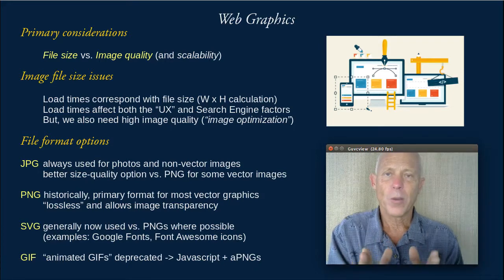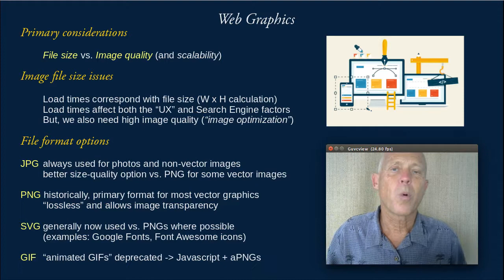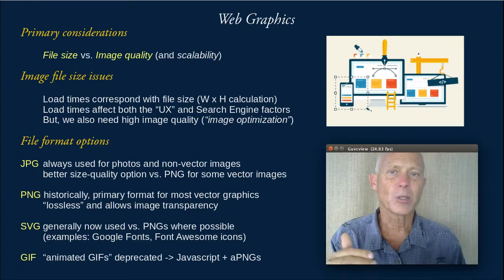So if you had a JPEG, which is what's called a bitmapped image as opposed to a vector image, and you upload it at twice the width that it should be, ideally, it's also going to be twice the height that it should be, right? Because the aspect ratio is preserved.